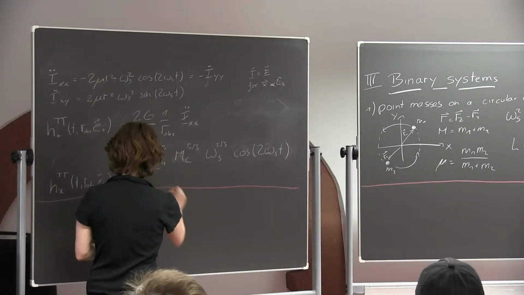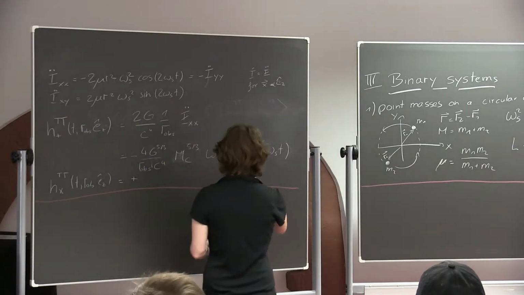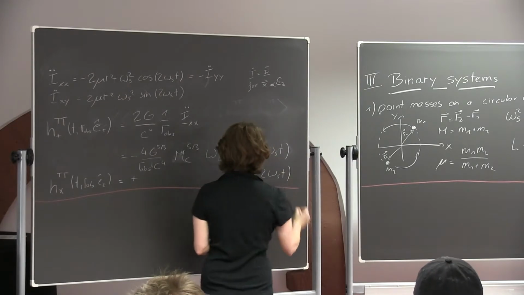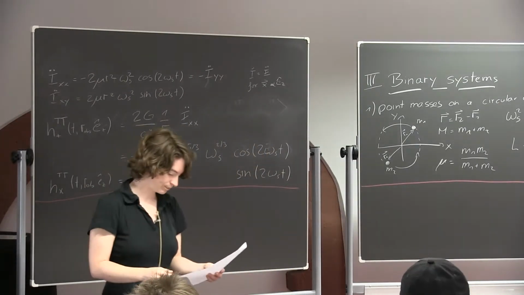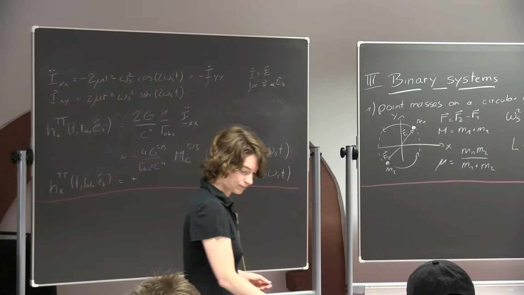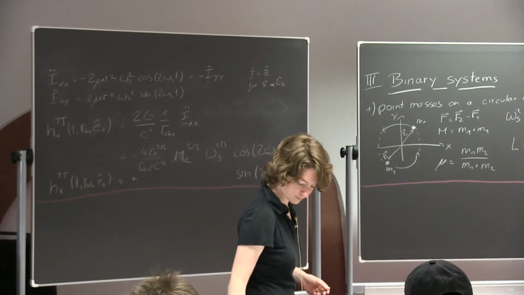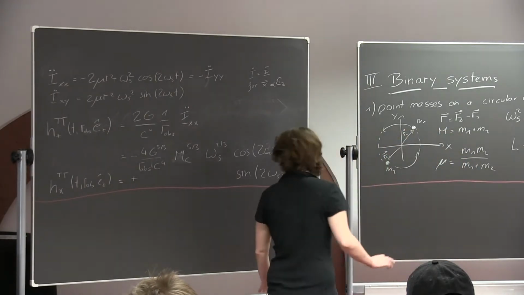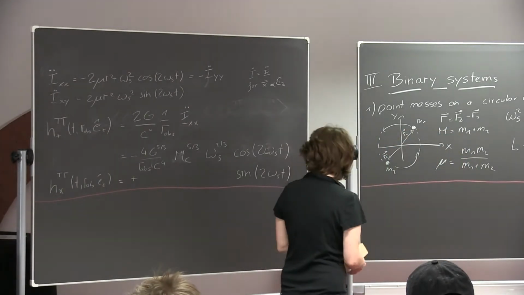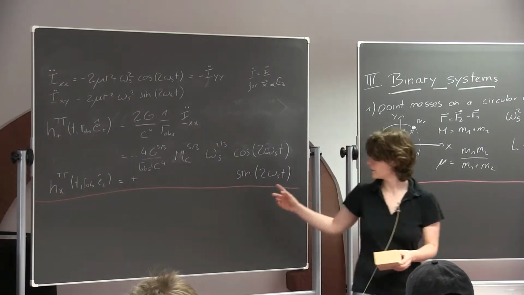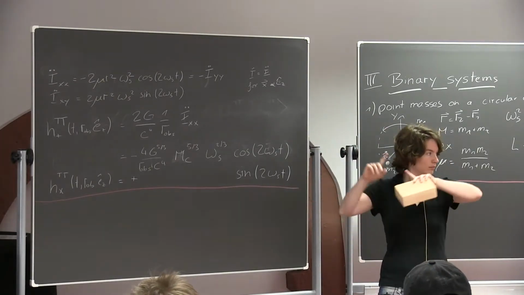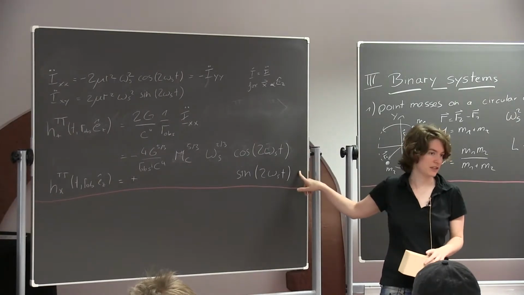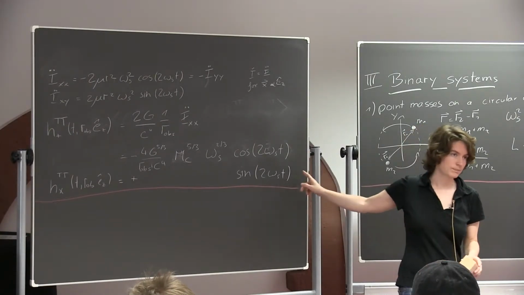There's no minus sign here, and you get a sine instead of a cosine. So this is essentially the signal you would get from two black holes circling each other. This is the type of signal you would then try and detect with LIGO.